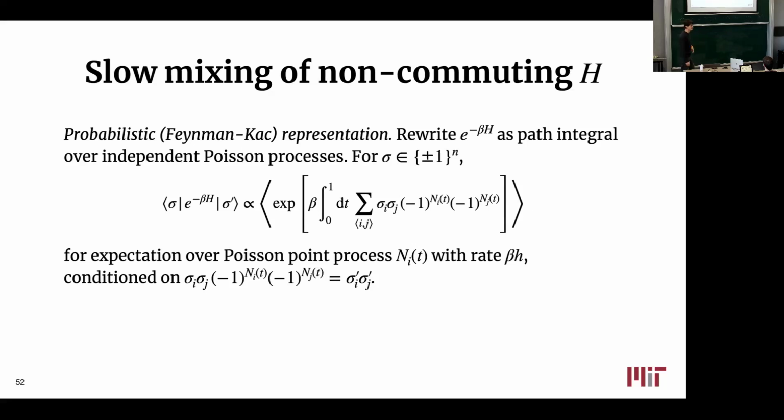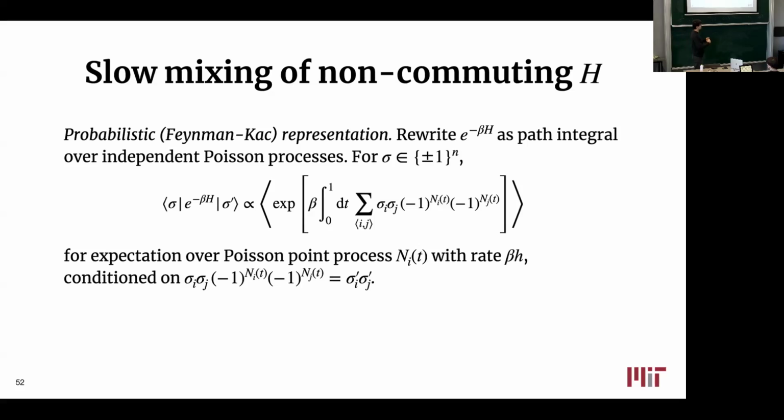If I write down my computational basis states as spins in plus or minus 1, you can write down any matrix element in the computational basis of your thermal state in terms of this Poisson process, where I have some random Poisson point processes N_i(t) that are just proceeding up the positive line.